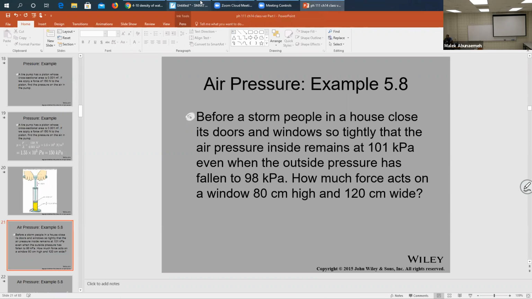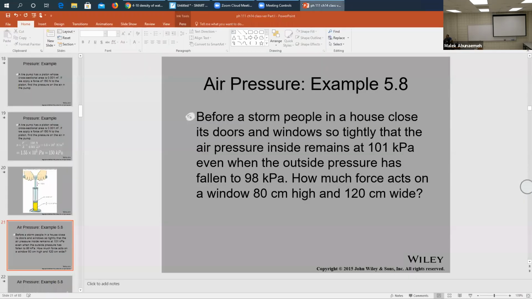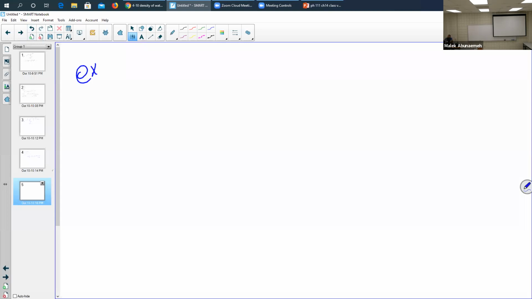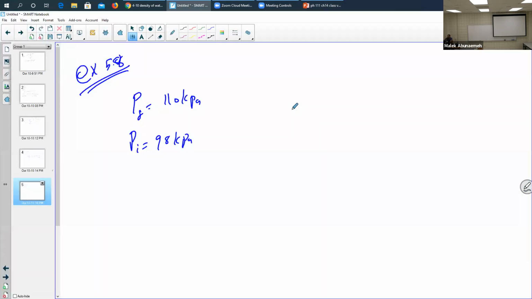So let me just go back. What was that example? This is 5.8. So you've got your final pressure, which is 101 kilopascals, and your initial pressure was 98 kilopascals. What else do we have in the question? Then we've got a window.